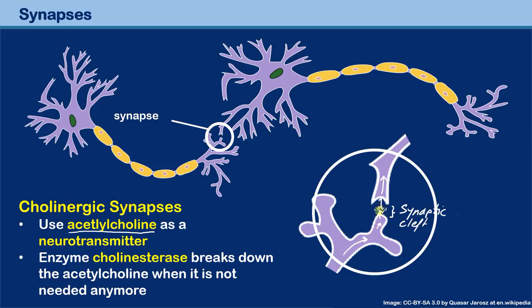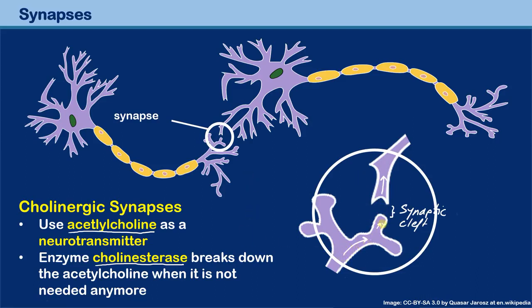So we have to remove these neurotransmitters, and there is an enzyme that does that, known as cholinesterase. Once the neurotransmitter has done its job, the cholinesterase removes it.